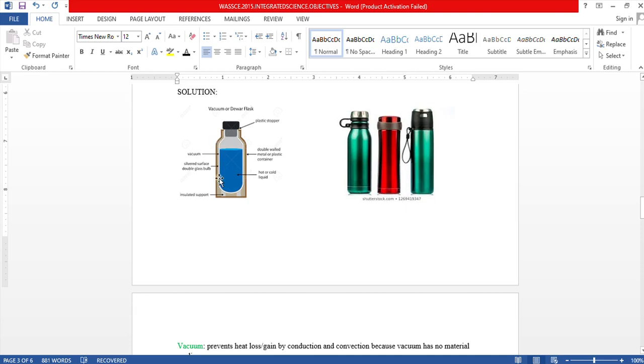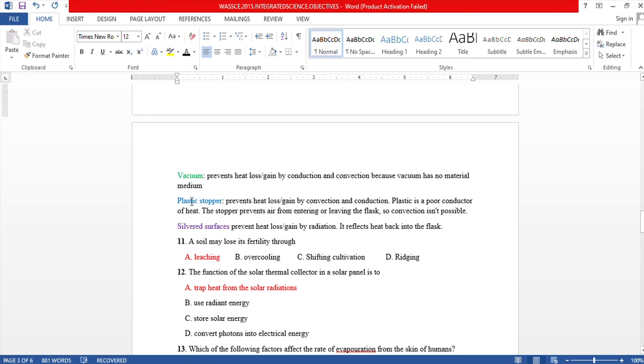Because if the inner surface is not silvered or smooth, it's going to absorb the heat from the liquid, and the liquid will get colder. But when it is silvered or smooth, it will just be reflecting the heat back into the liquid. And then the plastic stopper, because it's an insulator, it's not a metal, it cannot conduct heat. Plastics are usually poor conductors of heat. So it will prevent heat loss or gain by conduction.